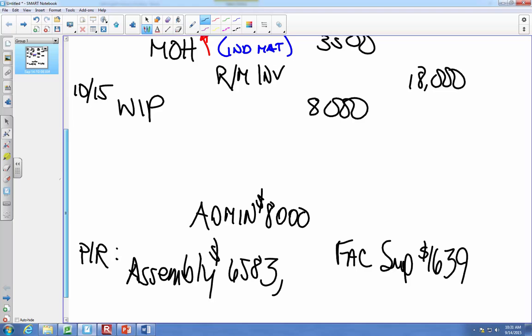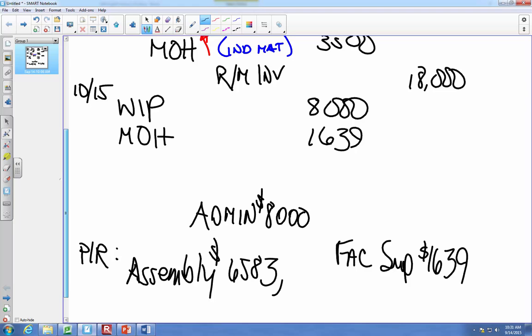Factory supervisor is an example of indirect labor. And indirect labor is an element of manufacturing overhead. In my mind, I can just do a quick scan and say, okay, that's actual overhead.